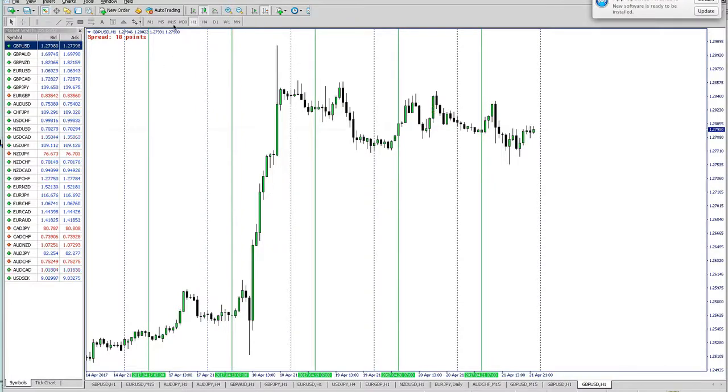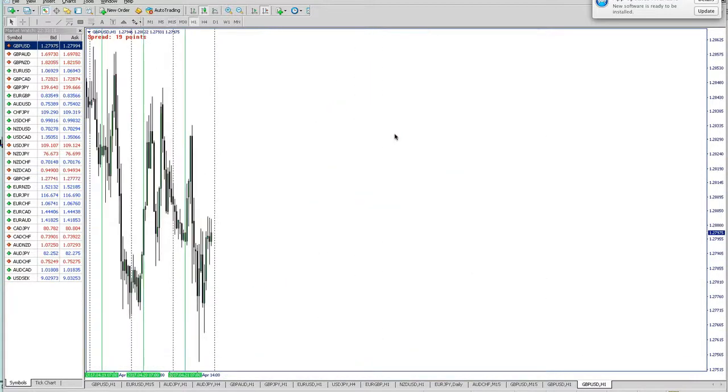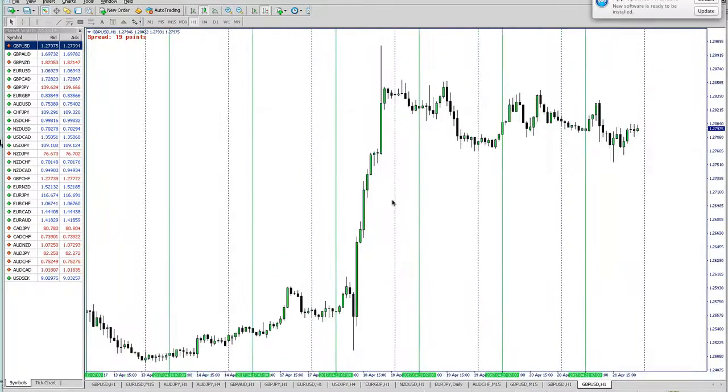Like today, for instance, here's today. I saw that it rallied up high, and then quite clearly cleared out stops below here, so then it rallied up again, and then you got an order block there.